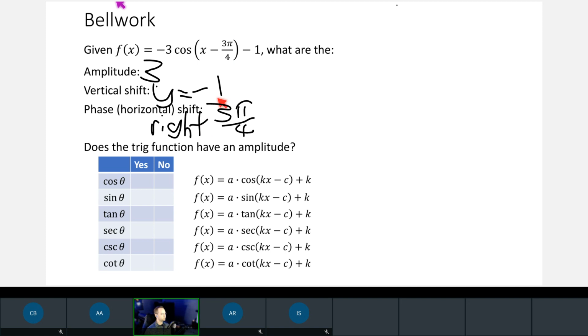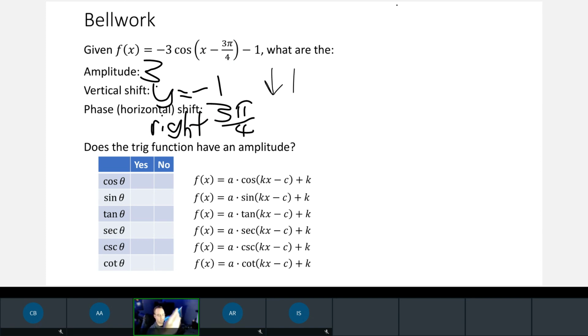Right. So what's another way I could have written vertical shift besides writing the midline equation? Down 1. Yeah, I could have just said down 1. Now, why wouldn't we say down -1?